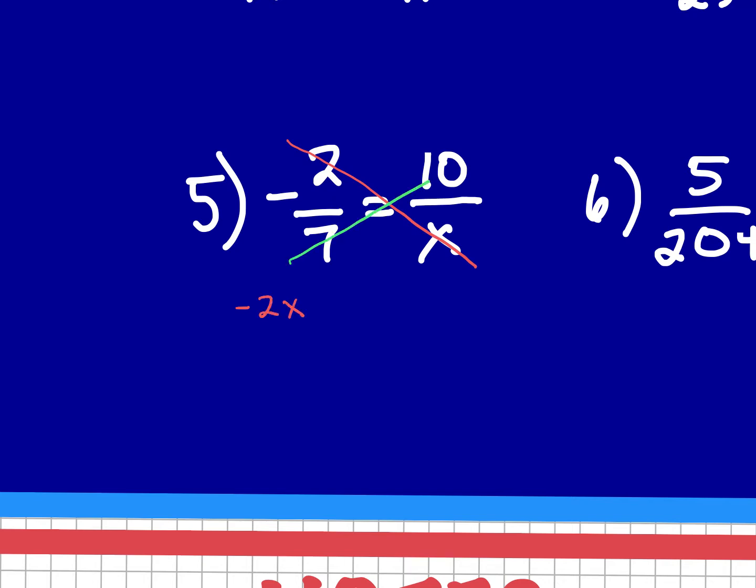And this way I can have equals 7 times 10. So negative 2x equals 70. I got to divide by negative 2 because I want x by itself. I don't want to multiply by negative 2. So boom, boom, boom, x equals negative 35.